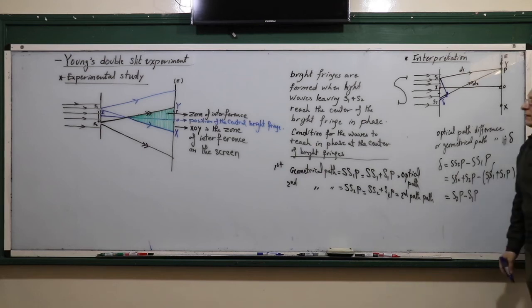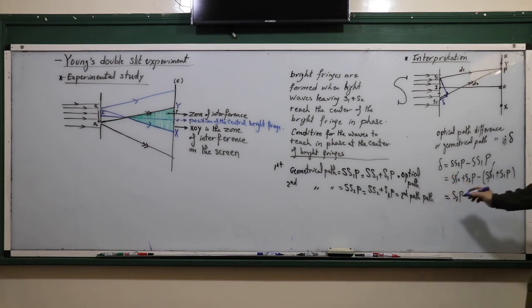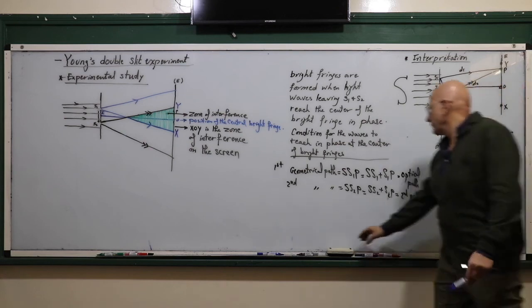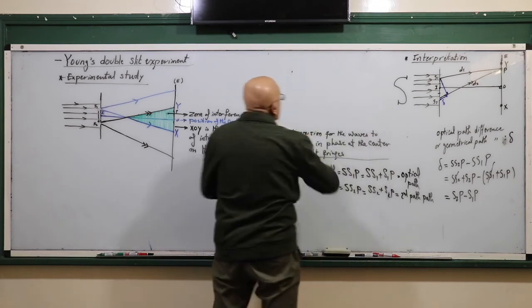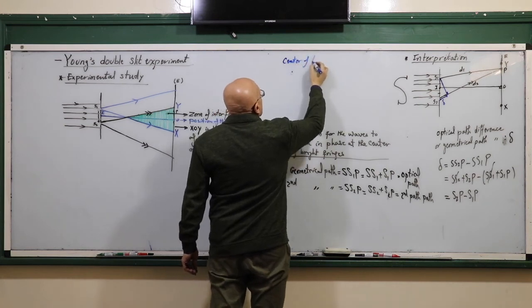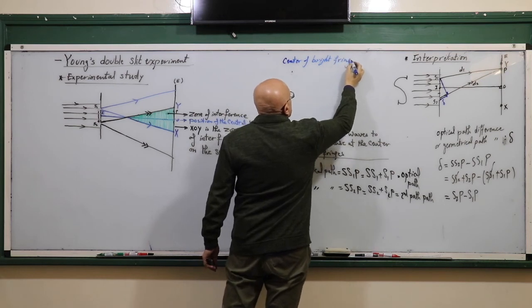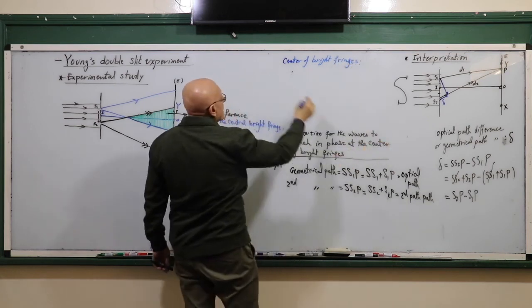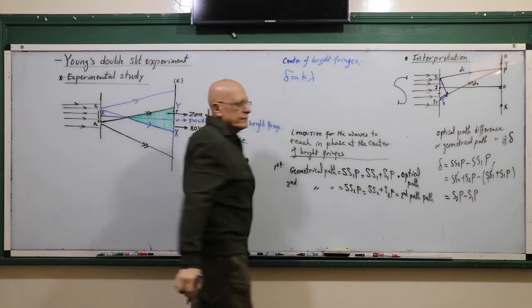Now, if this delta, the optical path difference, is a whole multiple of the wavelengths of light, center of bright fringes, this optical path difference must be equal, delta equal k lambda, okay?